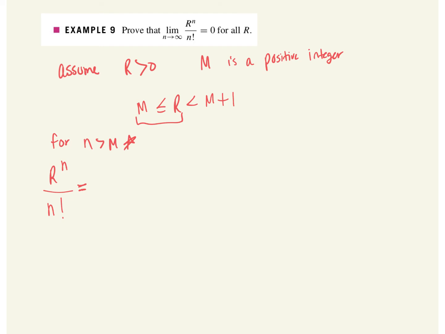this sequence is equivalent to r to the first over 1, times r over 2, right? My denominator is the factorial, the numerator is the repeated multiplication. Times, I could continue this as many times to just show what's happening, dot, dot, dot, up until r over m.